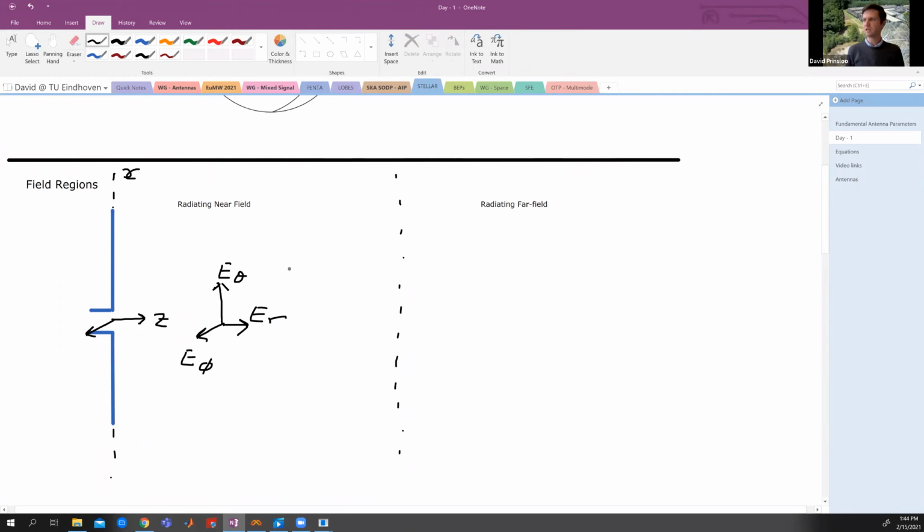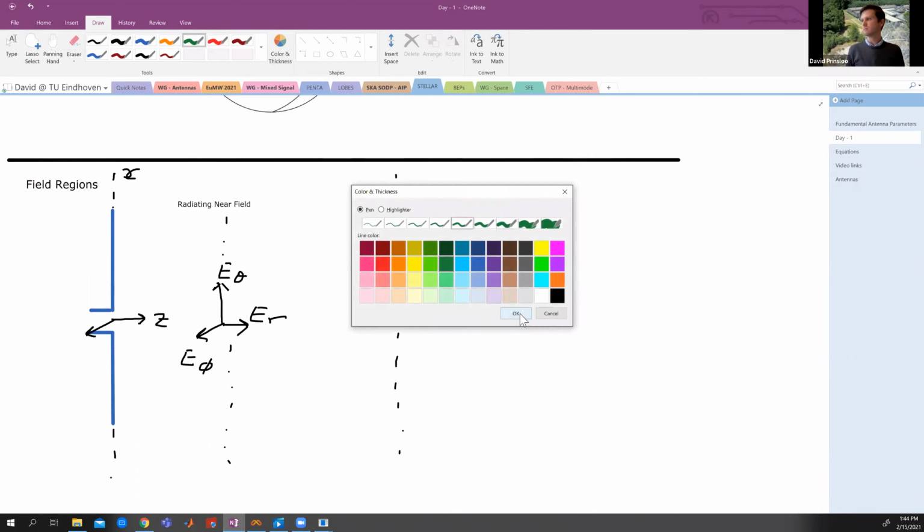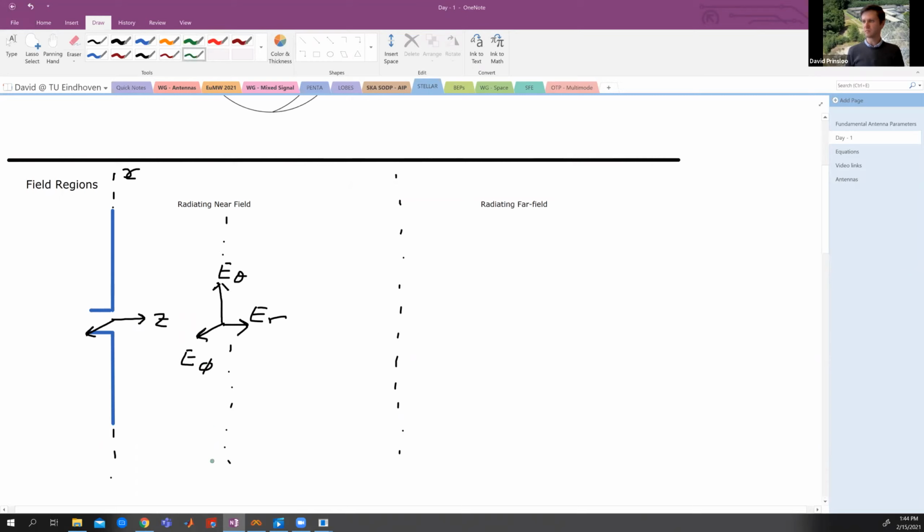If you were to consider the field distribution at a certain radius, let's call this radius R1, you'll notice what we can just call an arbitrary field distribution.